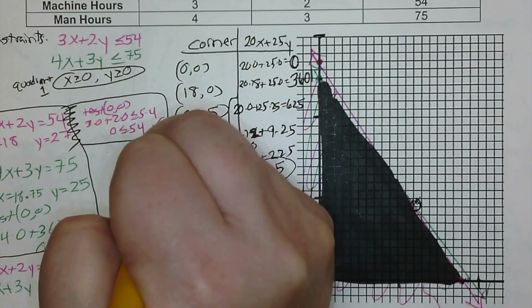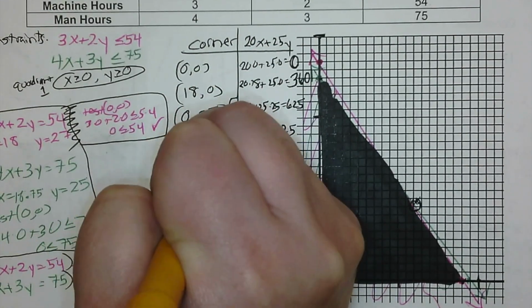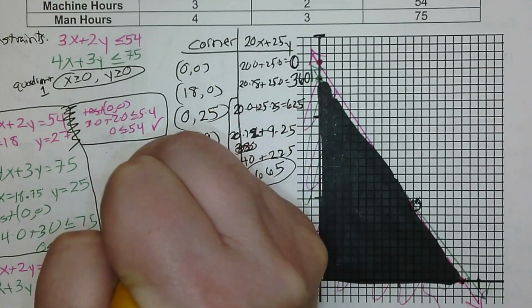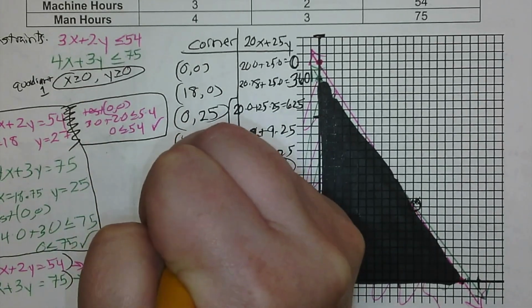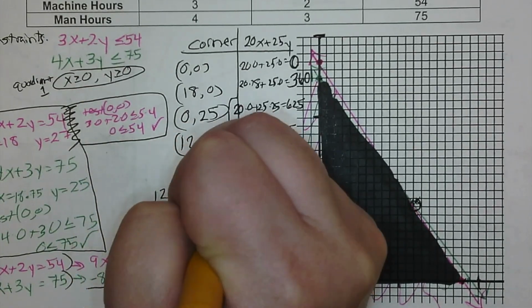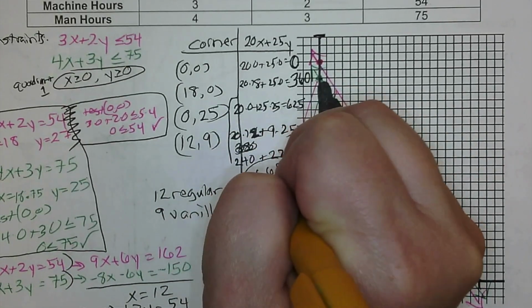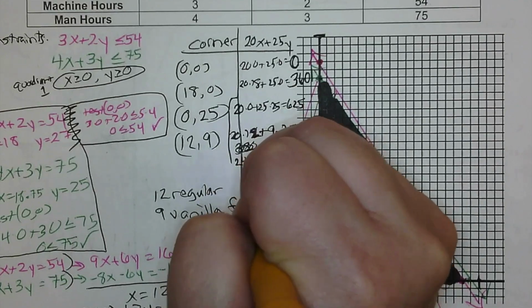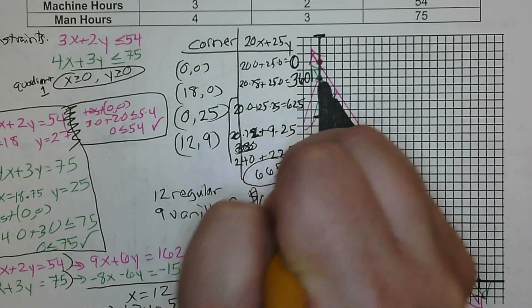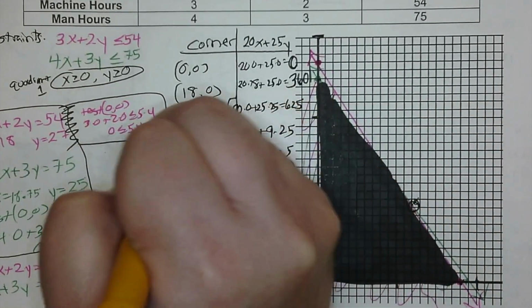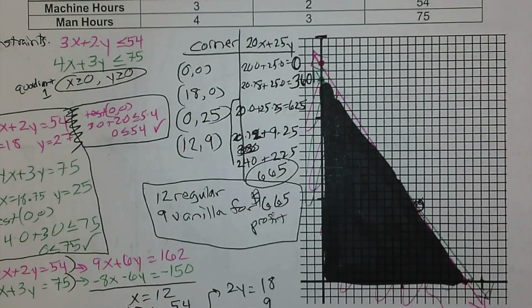So that's 12 regular, 9 vanilla, for 665 profit as our final answer. This particular question wanted all 3 things.